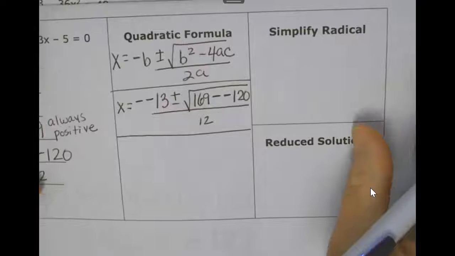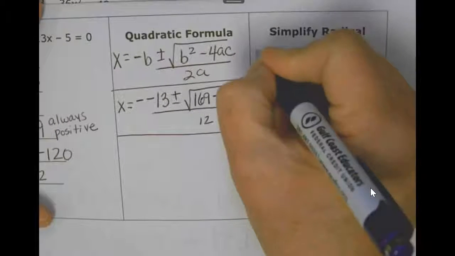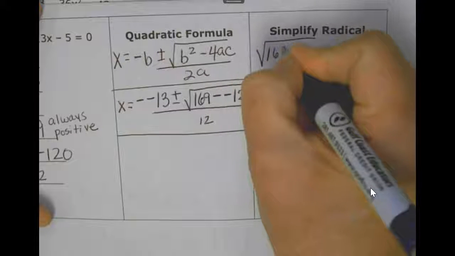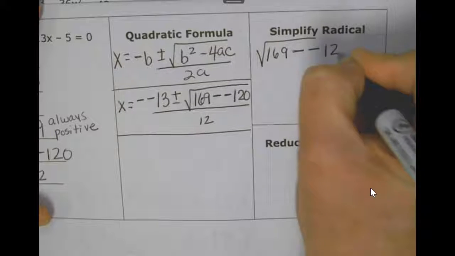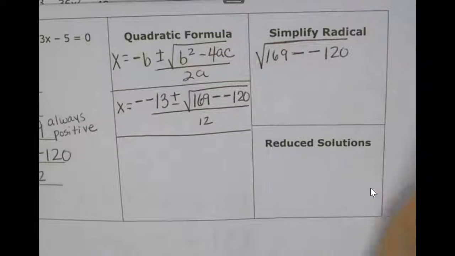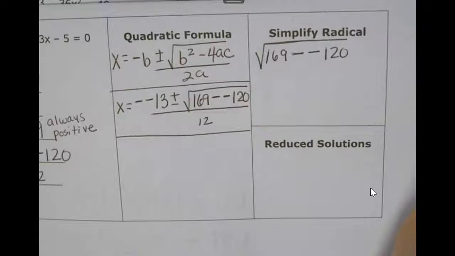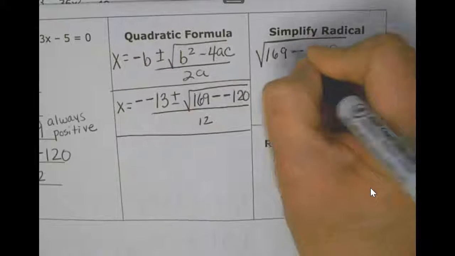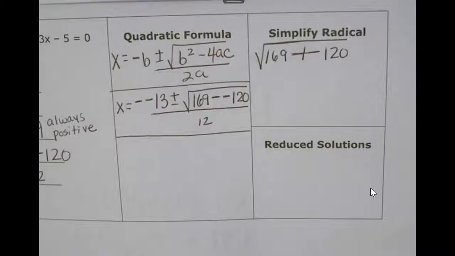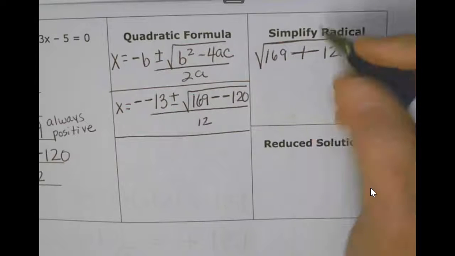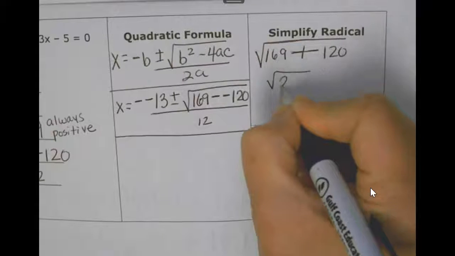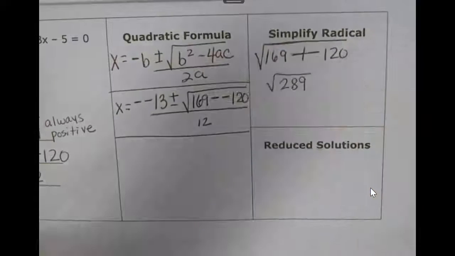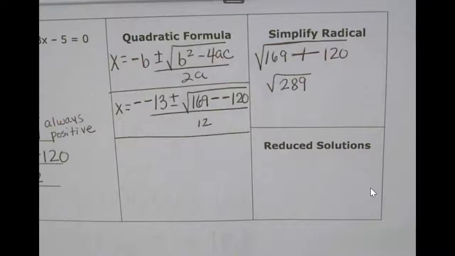Over here, we're going to simplify that radical. 169 minus from the formula, another minus from the 120. Minus a minus makes a positive. Add those two together, and you get 289, the square root of 289.